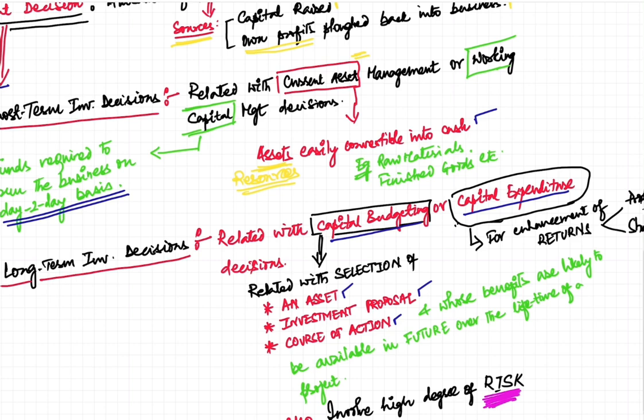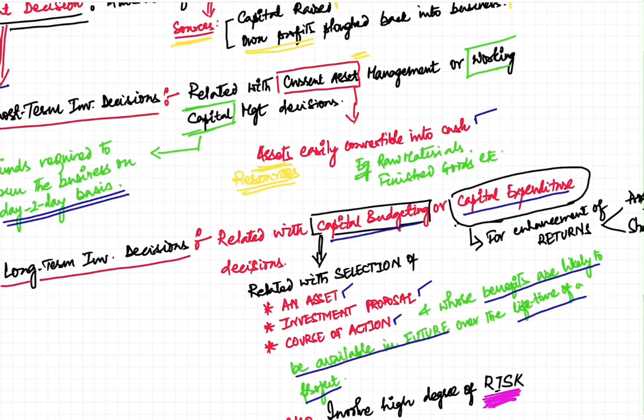Why we are talking about selection of an asset, investment proposal, or course of action is because the benefits are likely to be available in future over the lifetime of a project.